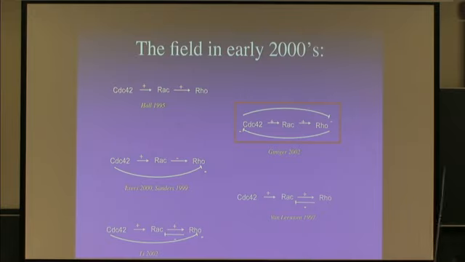So first, a little bit of history. If you look back in the 2000s, which is a mere 15 years ago, so short on the time scale of mathematics, but eons on the time scale of biology, even back then there were some ideas about how these various GTPases talk to one another.